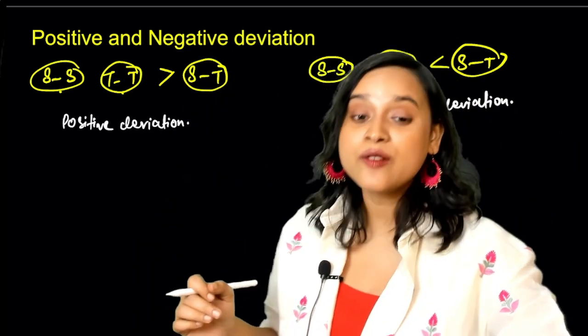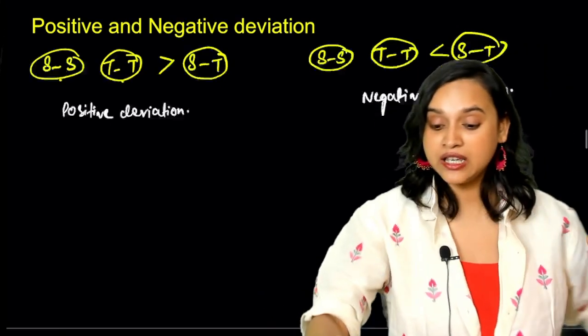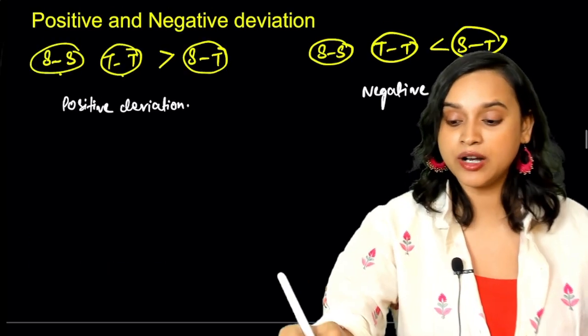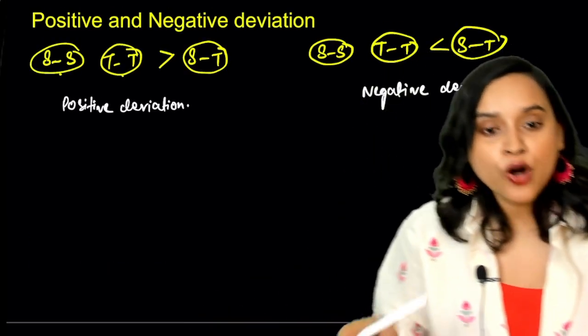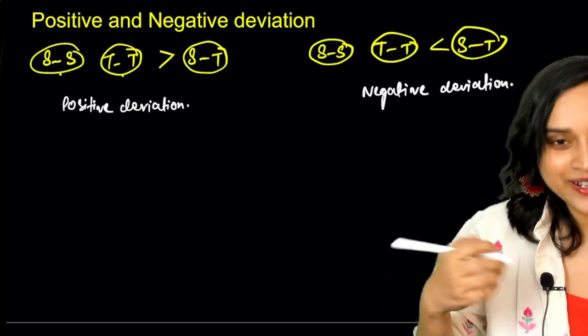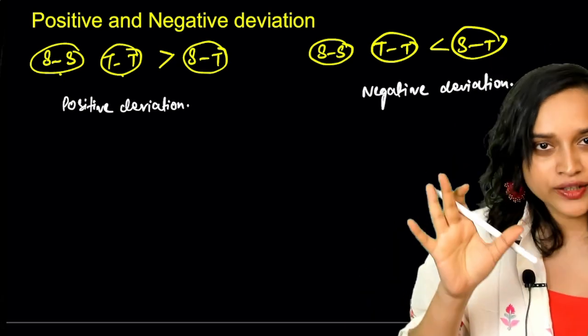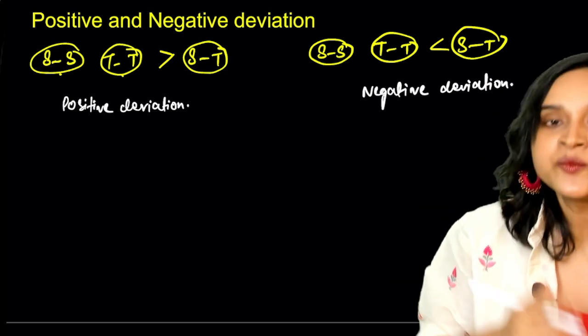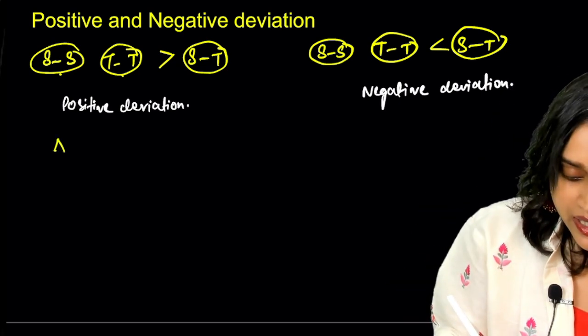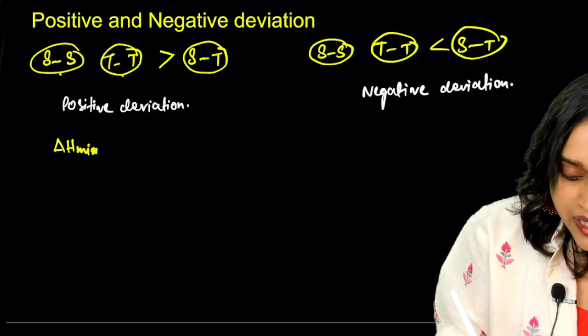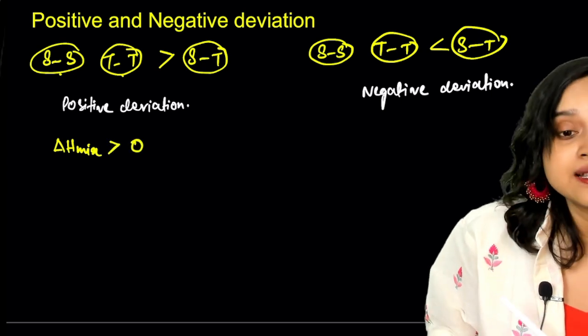So what are the properties that we are going to talk about here? Now take a look at it. Let me explain this to you. I have already explained the concept of positive deviation. So here, delta H mixing will be greater than 0.